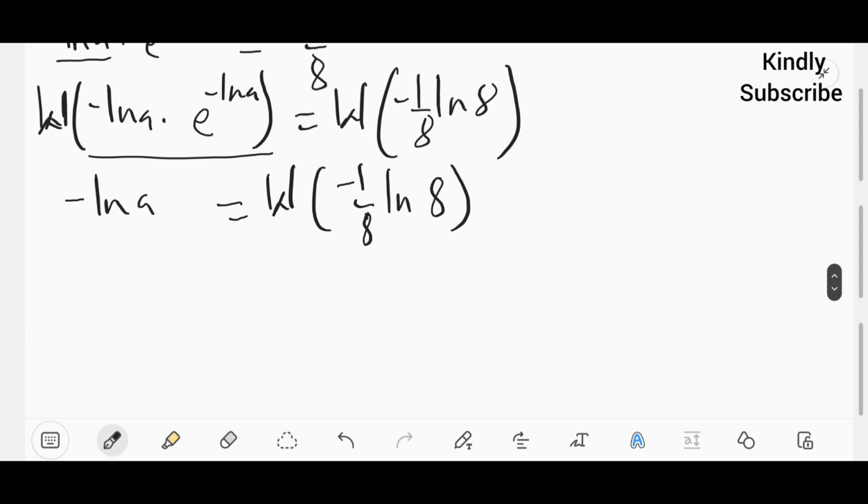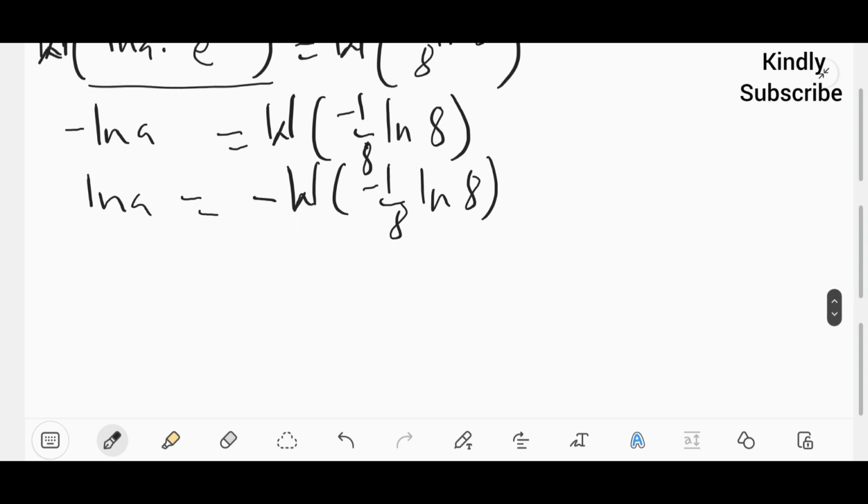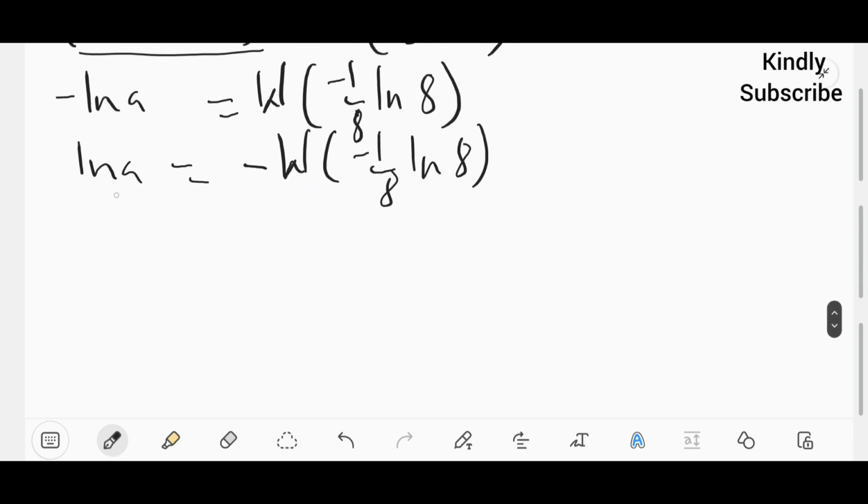Now, if you are to make a the subject, then we have ln of a equals minus W of 1 on 8 ln of 8. We just multiplied both sides by negative 1 to remove the negative from there. We are making a the subject, and this is natural log, so definitely a will be equal to e raised to the power negative W of 1 on 8 ln of 8.